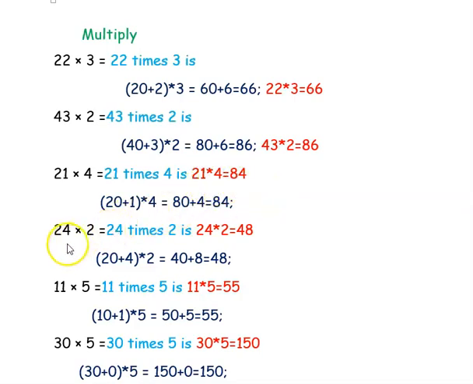And the next number is 24 into 2. So 24 times 2. 24 can be written as 20 plus 4 into 2. So 20 into 2 is 40 plus 4 into 2 is 8. So 40 plus 8 is 48. So thus 24 into 2 is 48.